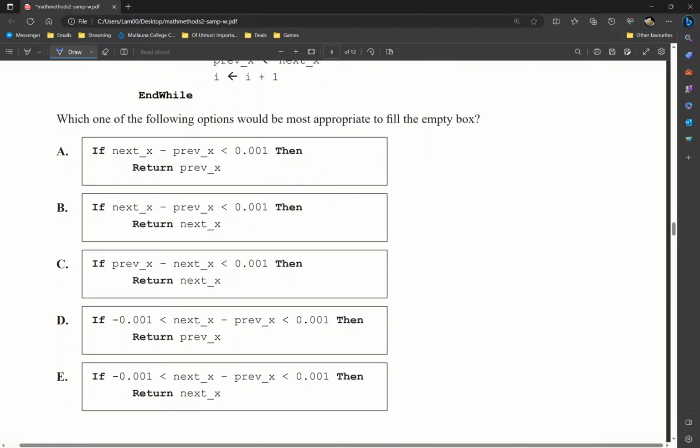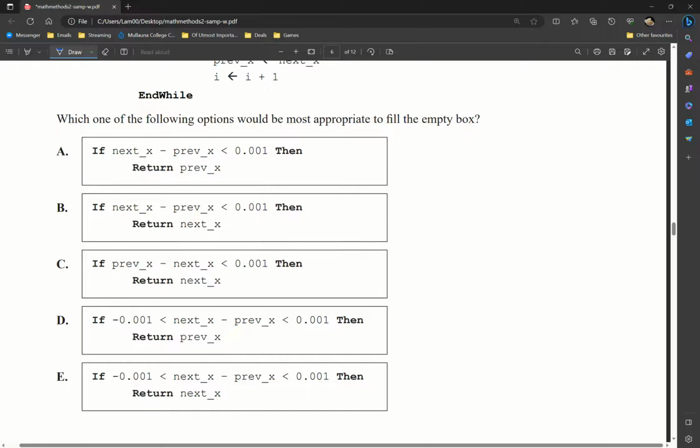There's a couple of them that we know are incorrect off the bat. It says if, and then, now it makes sense to say if our next x value minus our previous x value, what it's looking for is the difference between the two, is less than 0.01, then return the previous x. So there's a couple of things wrong there.